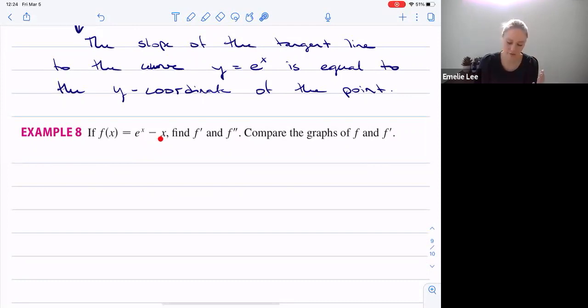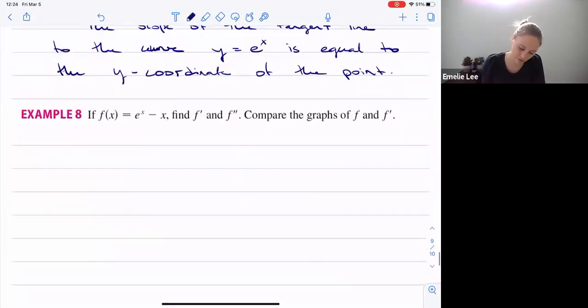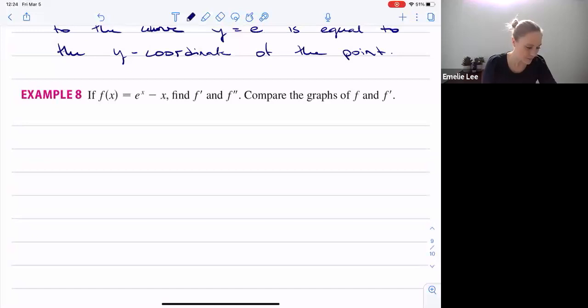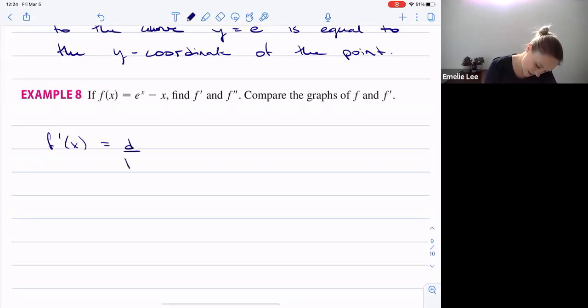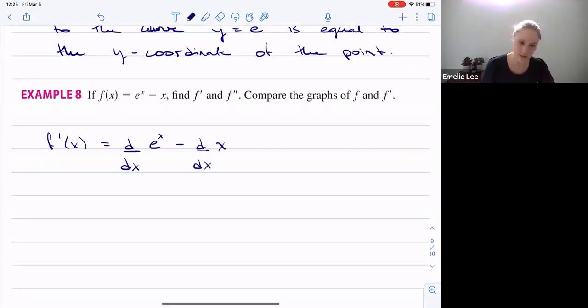So I can take the derivative of the first one minus the derivative of the second one, and we're going to find f prime and f double prime. We're going to take a couple of derivatives here. I think about f prime of x, and just to get in the habit of using d dx, this is the same as d dx of e to the x minus d dx of x.